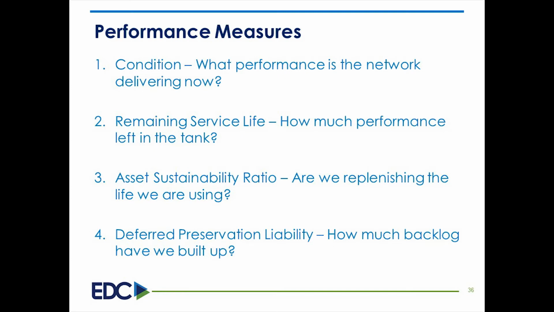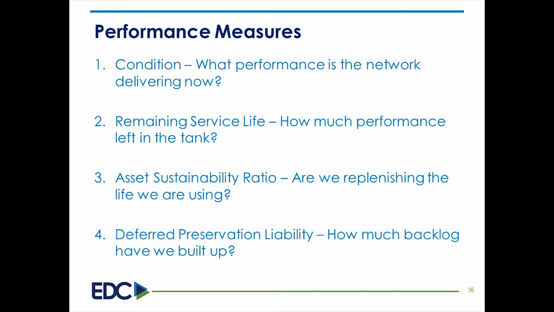One was remaining service life. This is fairly well known. The FHWA calls it remaining service interval, but we use it in the same way: how much life do we expect to get out of a certain location, and then we add all that up for the entire network. Asset sustainability ratio is something that we got from Australia.